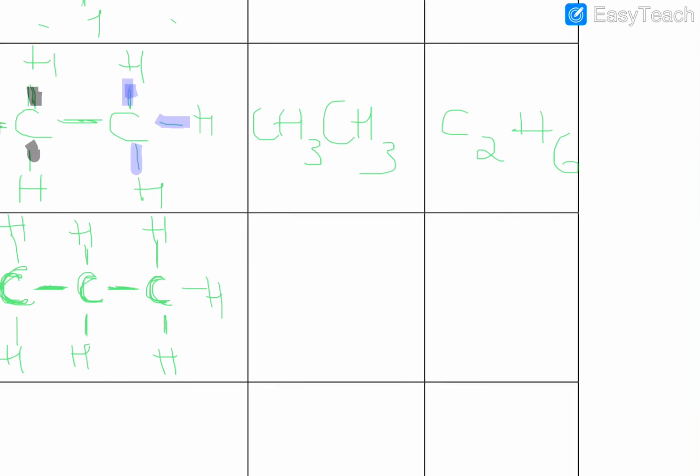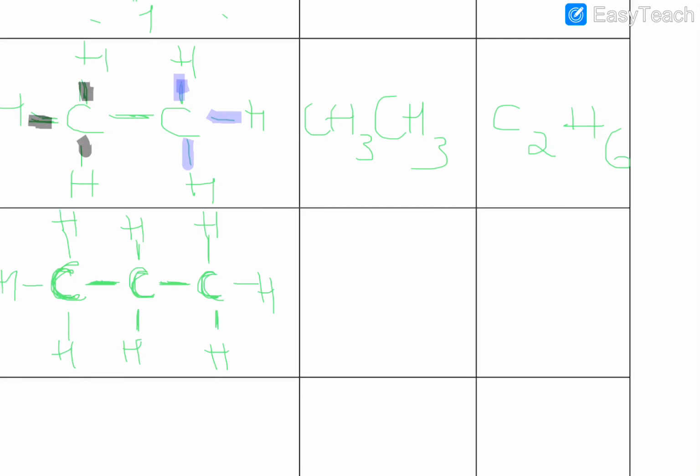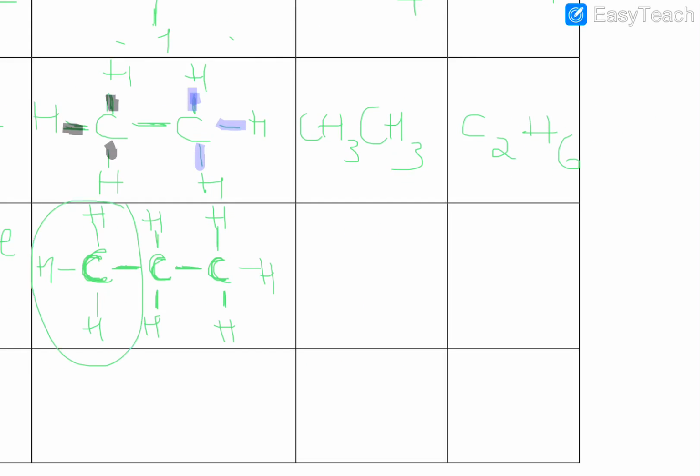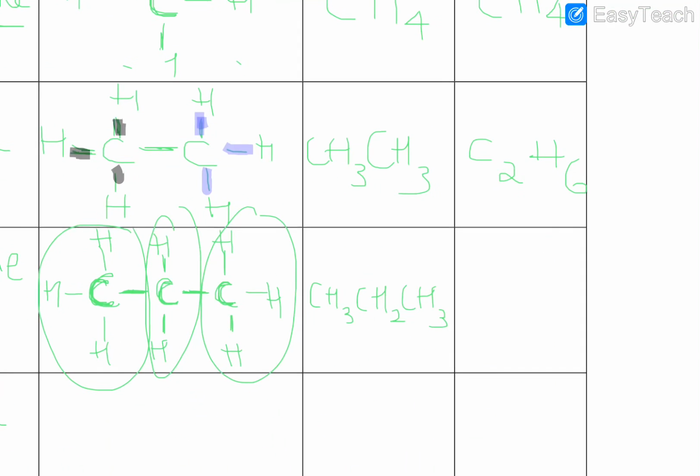Okay, so we'll show the groups of atoms. We'll group this as CH3, CH2, CH3. That's how we'll show the structural formula.